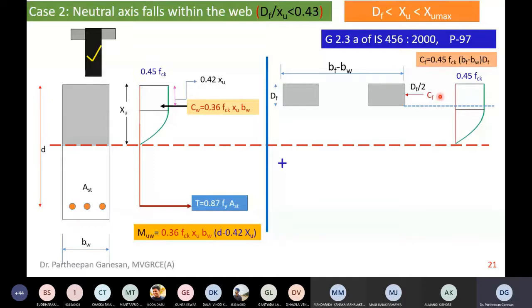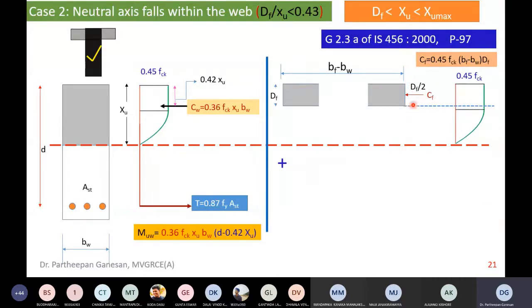Now CF, where will it act? Because we are finding the stress distribution from the top compression fiber till the thickness of the flange, and because this distribution is uniform, the compression force will act exactly at a distance of Df by 2 from the top.